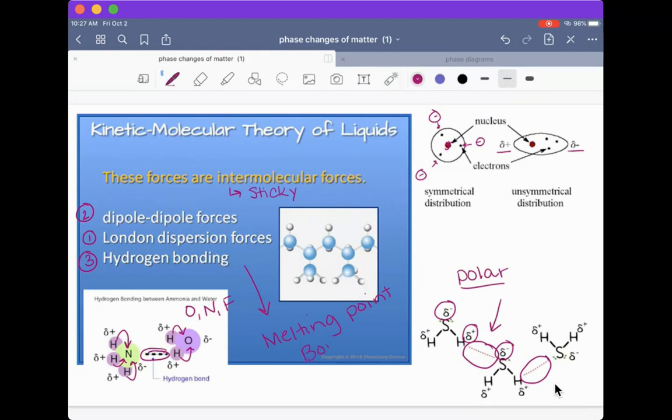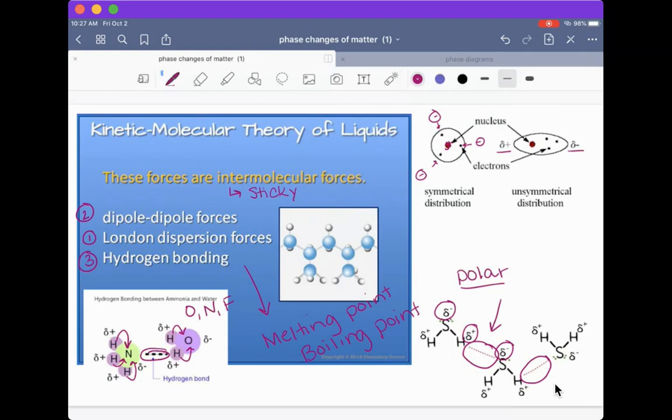So if they have all three of these forces, they are going to have very high melting and boiling points. So it's going to take a lot of energy to get them to go into a phase change. That's why it's so important, because the energy has to overcome all of those attractive forces to get them to separate, to get the molecules or the particles from a solid to separate into a liquid, and then to get the liquid particles to separate even further to get a gas.